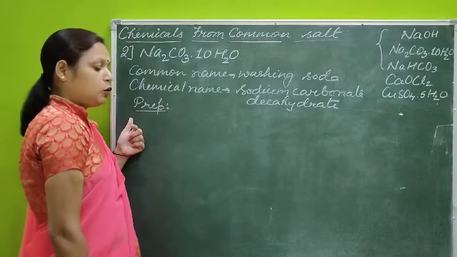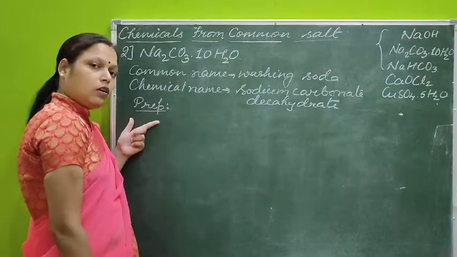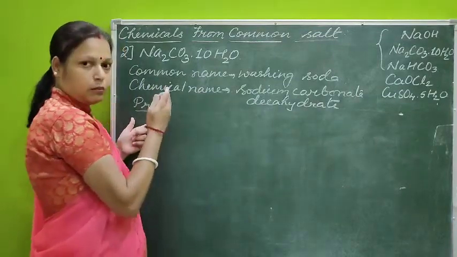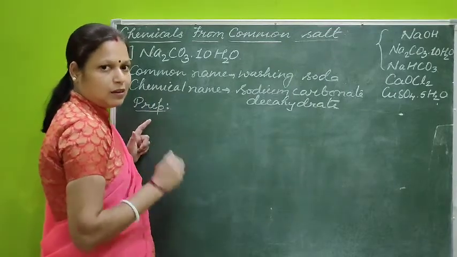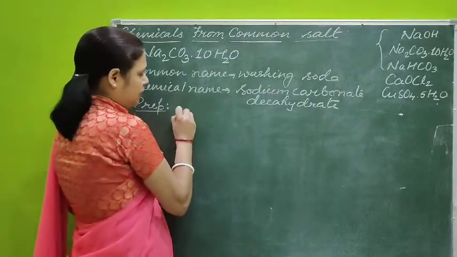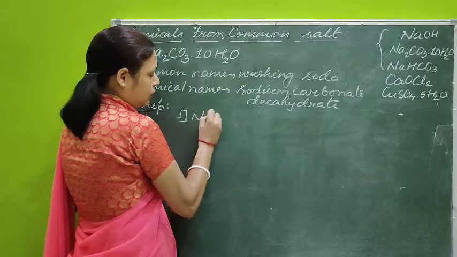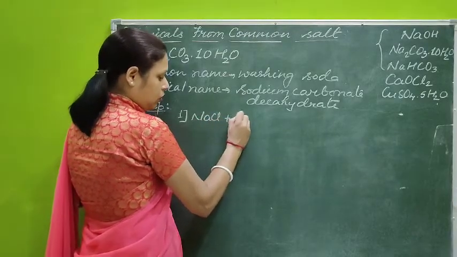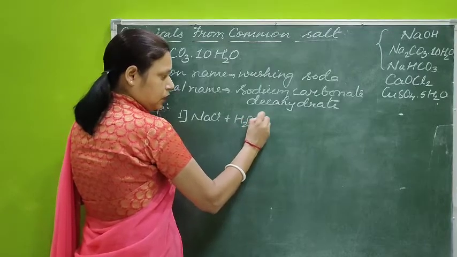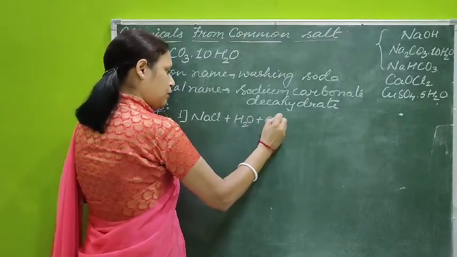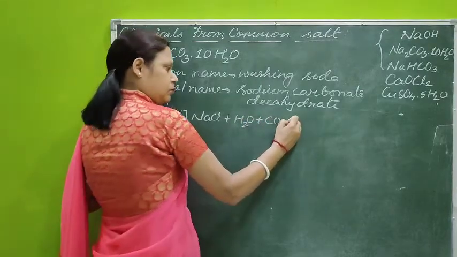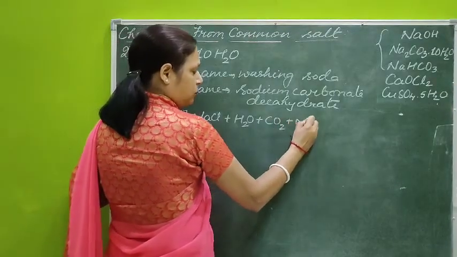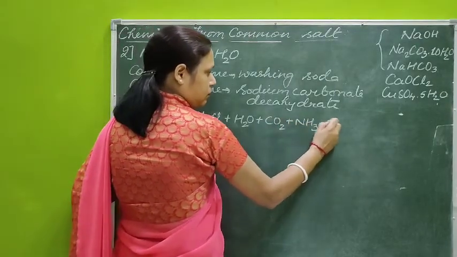Now let us discuss the method of preparation. This compound is prepared in 3 steps. The first step: we take sodium chloride salt, which is dissolved in water. In this, carbon dioxide gas and ammonia gas are passed.